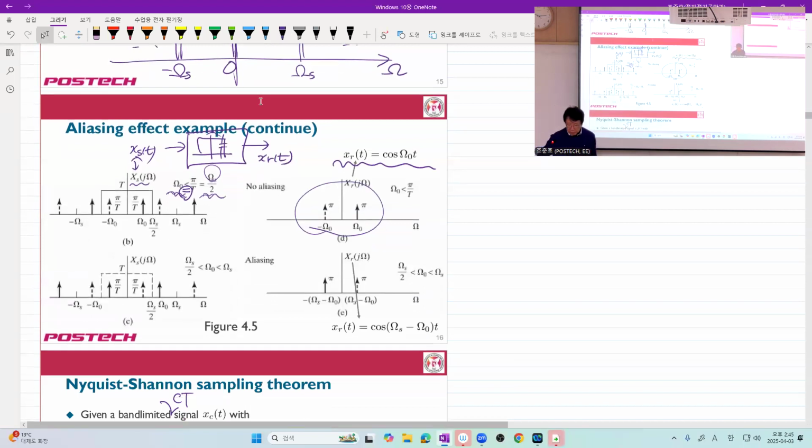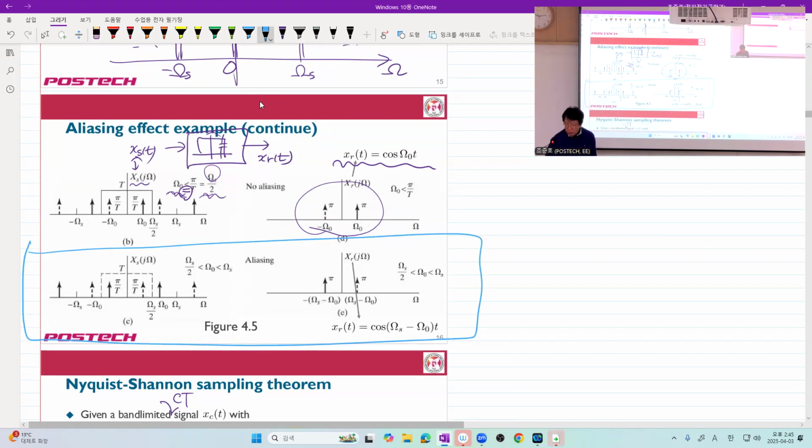Now, here goes another story. Suppose your sampling rate does not satisfy the Nyquist condition. Then what happens? Let me see. This figure is something strange, but let me plot. So this one corresponds to that one.